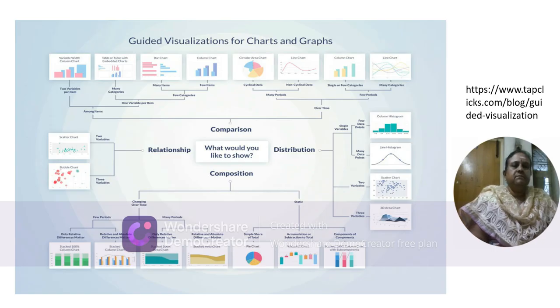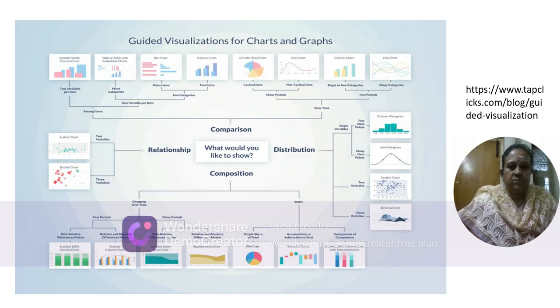So this diagram depicts the different types of visualization when used for comparison, relationships, composition, and distribution. So your charts and graphs can be used for all these purposes, where and how they have to be used.